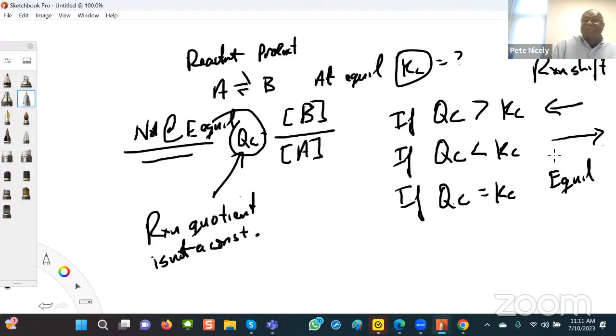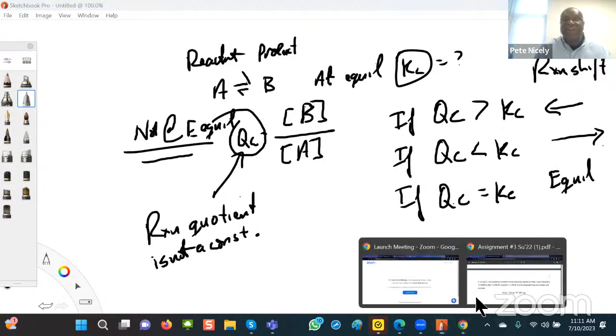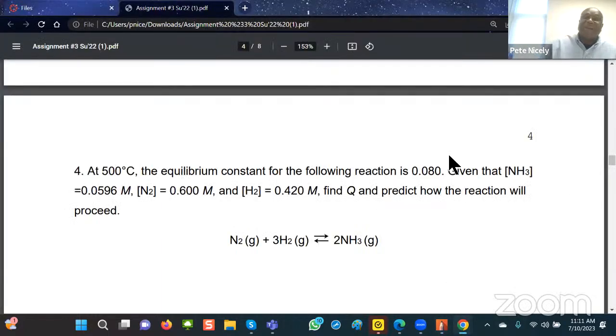If Qc is greater than Kc, then the reaction will shift to the left, favoring the formation of reactants, and then equilibrium will be achieved. If Qc is less than Kc, then the reaction will shift to the right, favoring the formation of products, and then the system eventually will end up in an equilibrium state. So that's basically what you're going to need in order to answer question number 4.